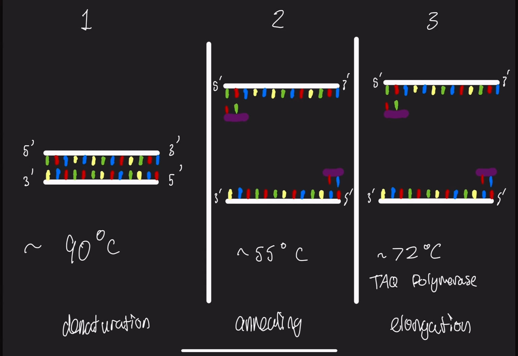Okay, next up, what happens? We can kind of guess what will happen due to the fact that we know how complementary base pairing works, but I'll draw a few for you. Essentially, Taq polymerase will just be catalyzing this reaction.